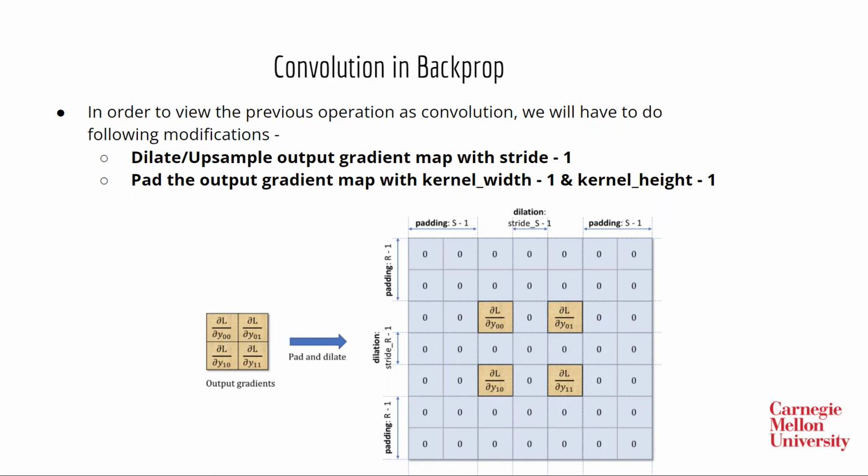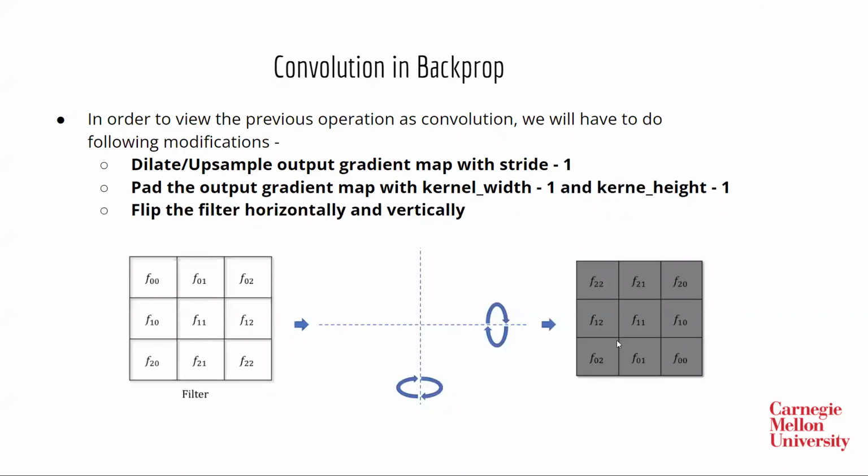So the size of that is going to be equal to the size of the inputs. So you would be convolving this particular map with a flipped filter, as we saw in the stride equals 1 case as well.